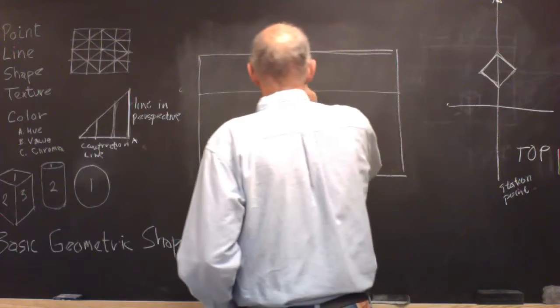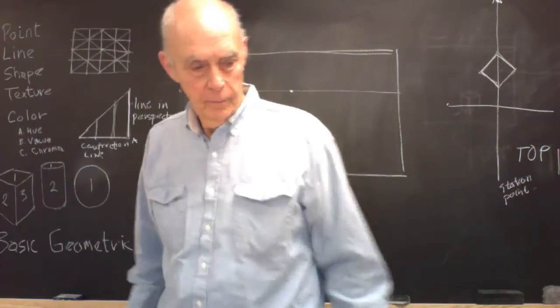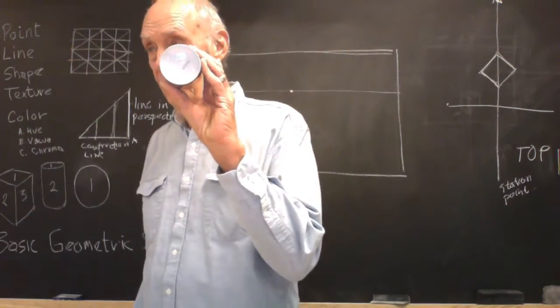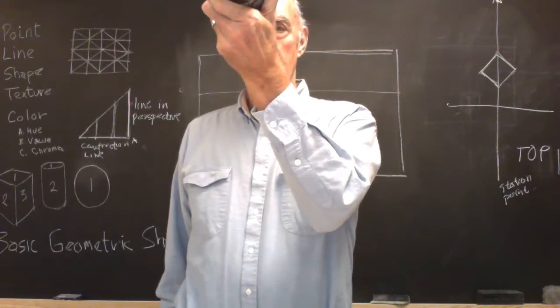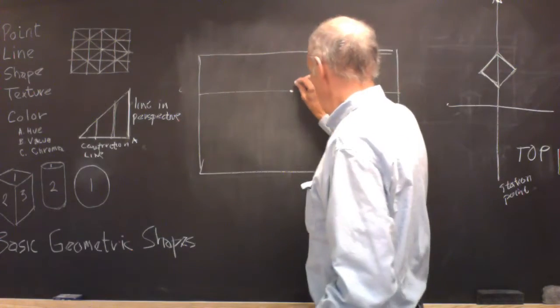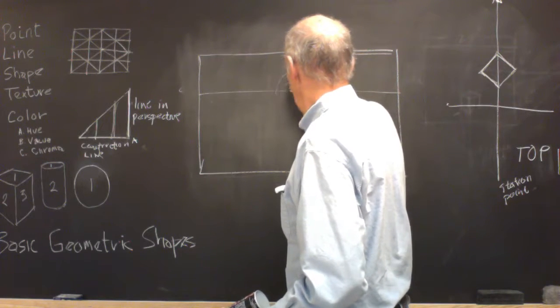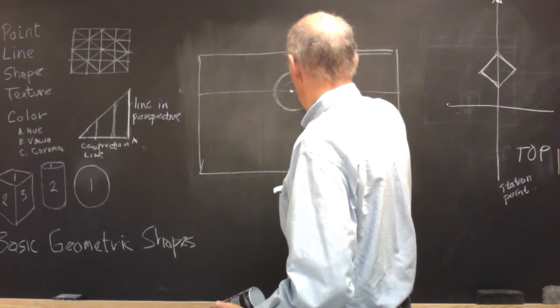Now if I have a circle like the end of this thing right here, and I put it right here in front of me, at my eye level, there will be a circle.